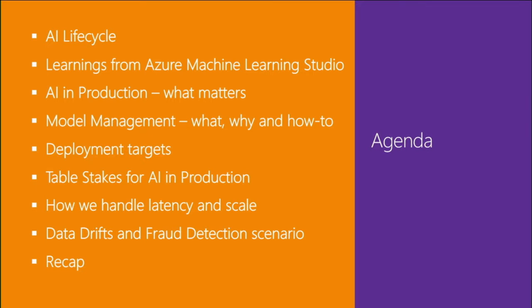We'll dive into the model management service and the capabilities that we're offering, the what, the why, and the how-to with our service. We'll talk about the deployment targets, table stakes. We'll talk about how we handle latency and scale for production-based scenarios. And then we're going to go into data drifts and data pattern change detection using a fraud detection or a risk detection scenario. And a quick wind-up after that.